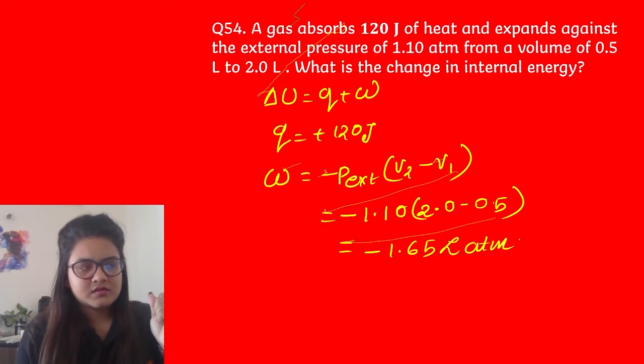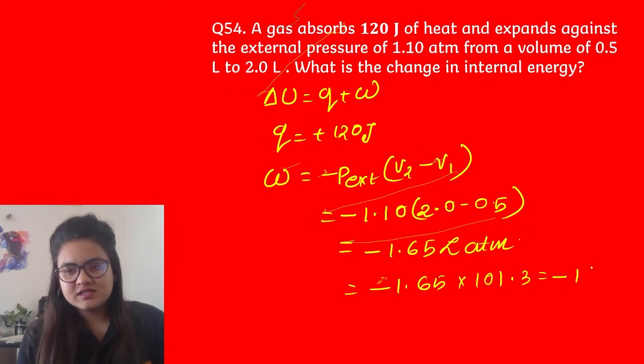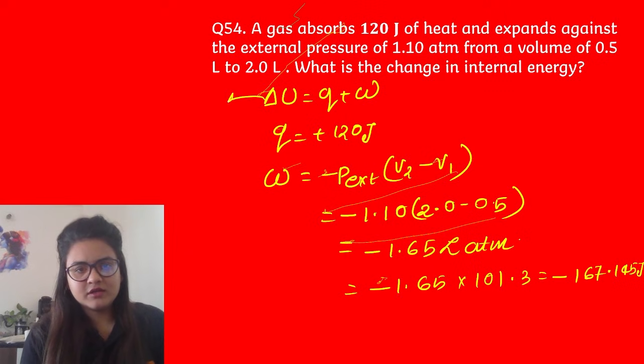Okay, so liter atmosphere. Now if you want to convert it to joule, you have to multiply this with 101.3. Let me just convert it. Minus 1.65 into 101.3, that will give me the joule unit from the liter atmosphere. That will be something like minus 167.145 joule. Okay, now I can put this in this particular equation.